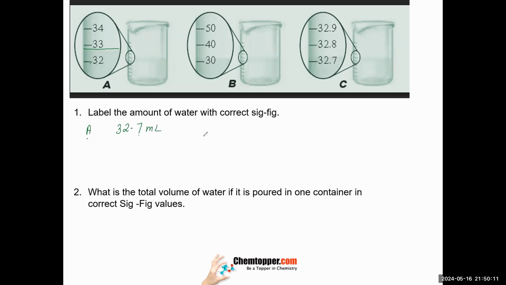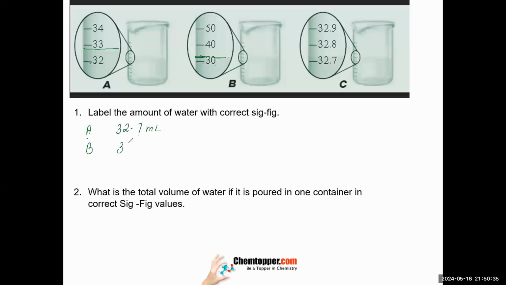This is the A container. Let's see the B container here. This is 30 and then 40. In between, there is no marking. So what can this be in the B container? 30 is marked, it is accurate, certain.